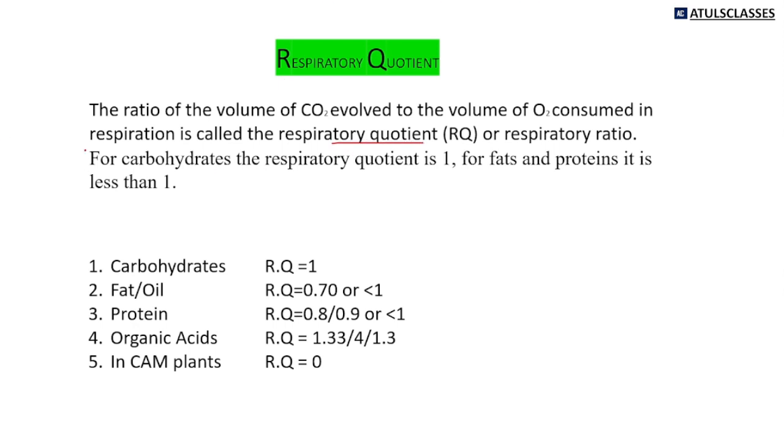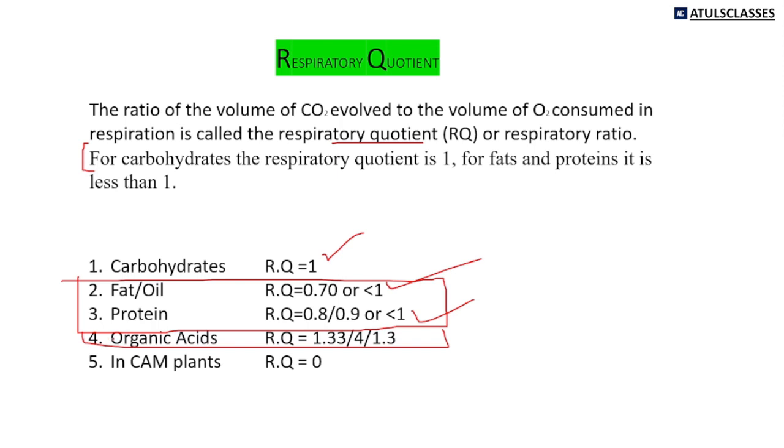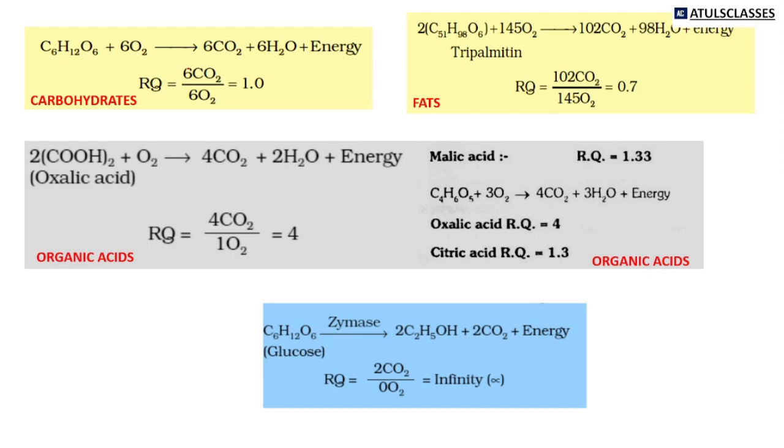This is different for different respiratory substrates. For carbohydrates it is 1, for fats it is less than 1, and for proteins again less than 1. So this makes one group of exactly 1 and another group of less than 1, and organic acids make another group of more than 1. Carbohydrates have a perfect RQ of 1.